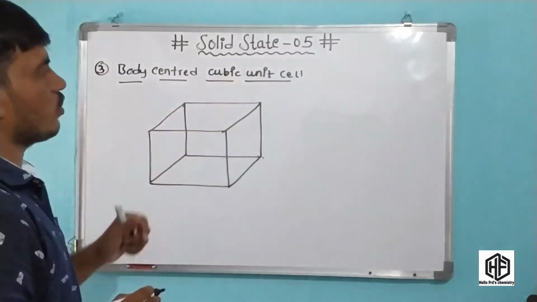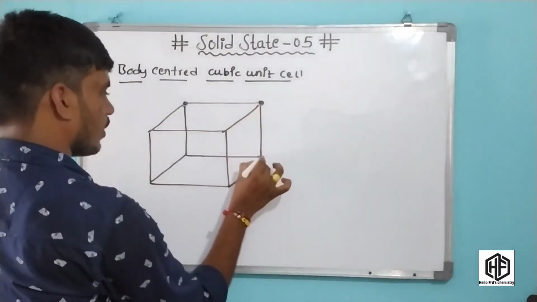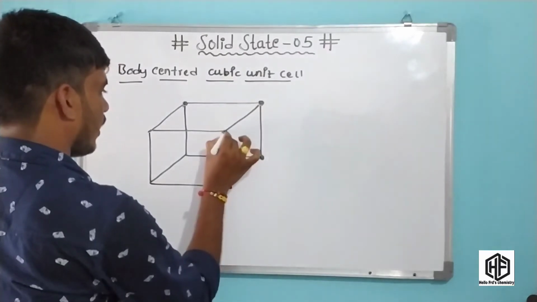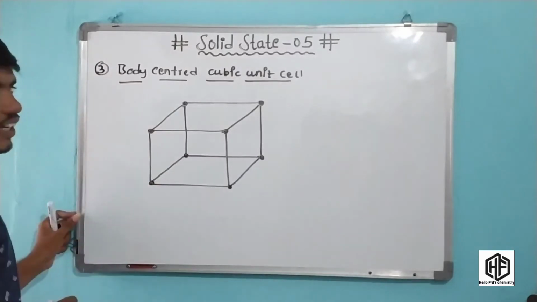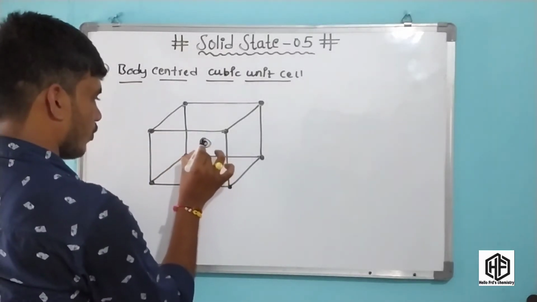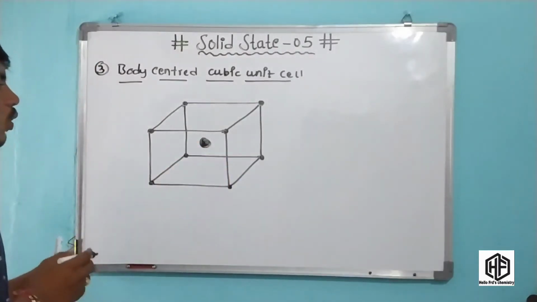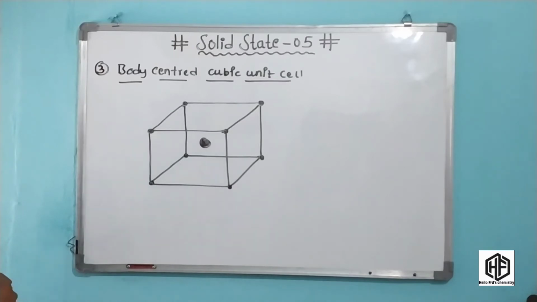In a body centered cubic unit cell, atoms are present at the corners and atoms are present in the body. This is the body.